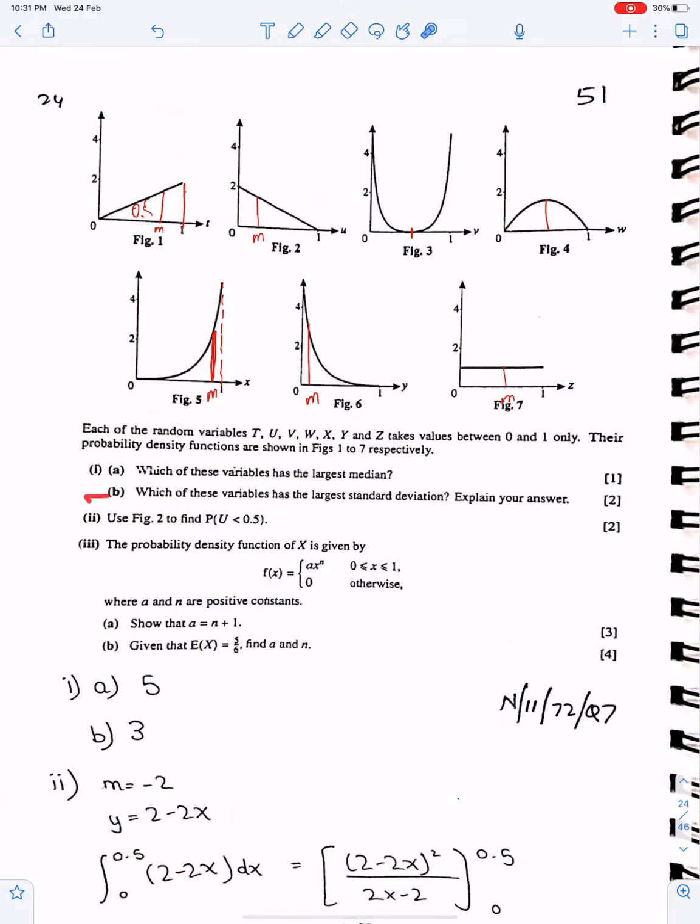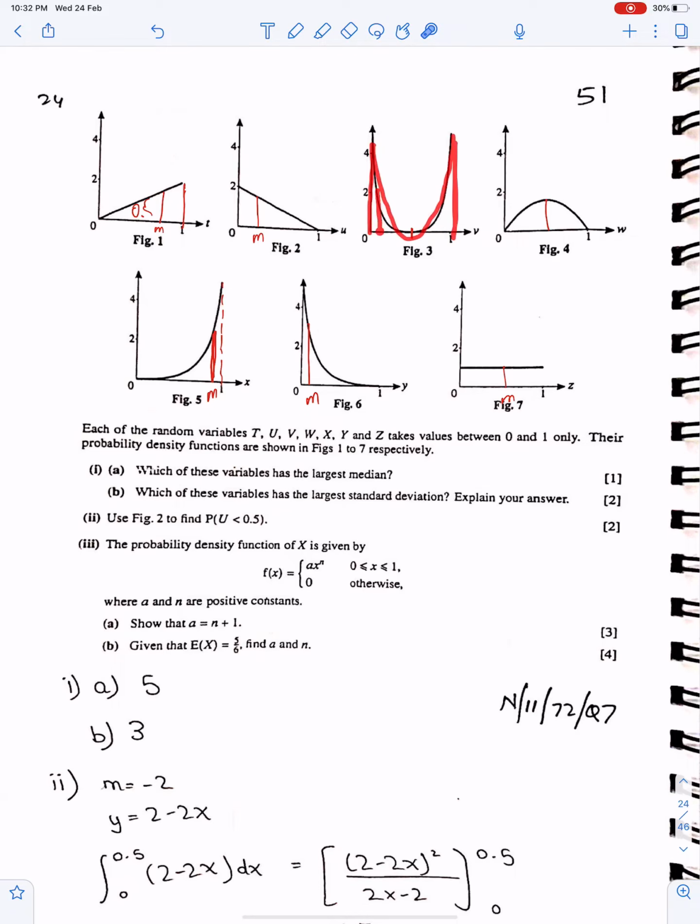Now part B: which of these variables has the largest standard deviation? Explain your answer. I discussed this in my lecture 1, that standard deviation is greatest when there are high probabilities at both extremes. So in this diagram, more observations are at the lower side and upper side.